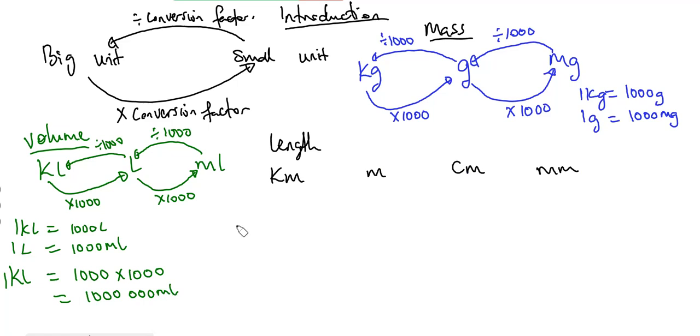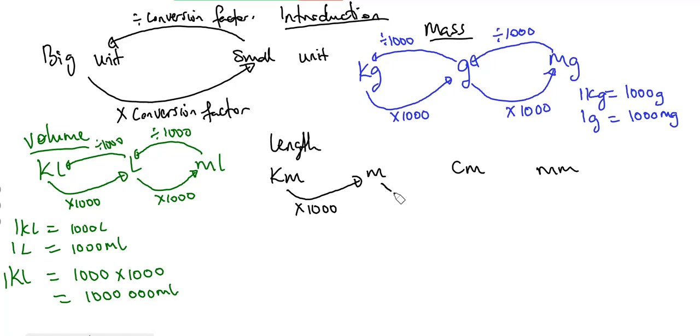This one is different from mass and volume, where the conversion factor is just 1,000. Here it changes from one measuring unit to the next. When you're moving from kilometers to meters, you multiply by 1,000.